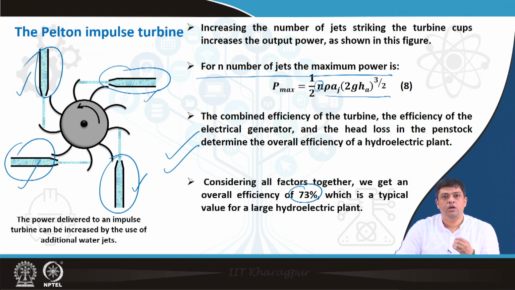So, considering all the factors which have been mentioned till now, we can get an overall efficiency of 73%, and this is the typical value associated with a large hydroelectric plant.